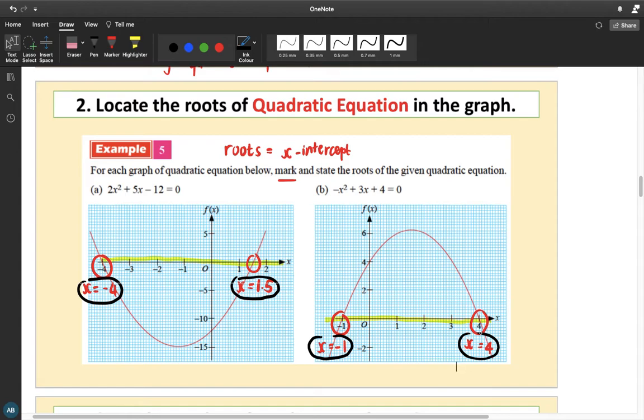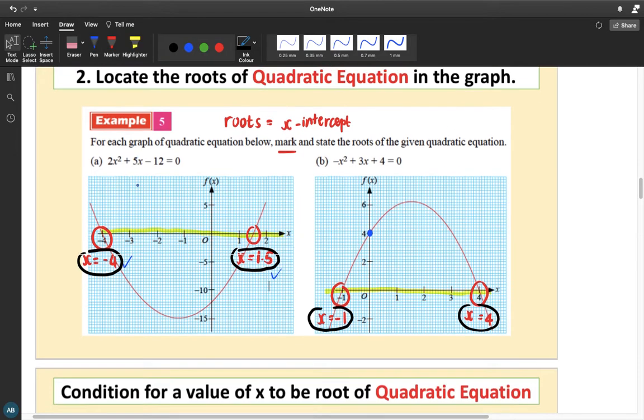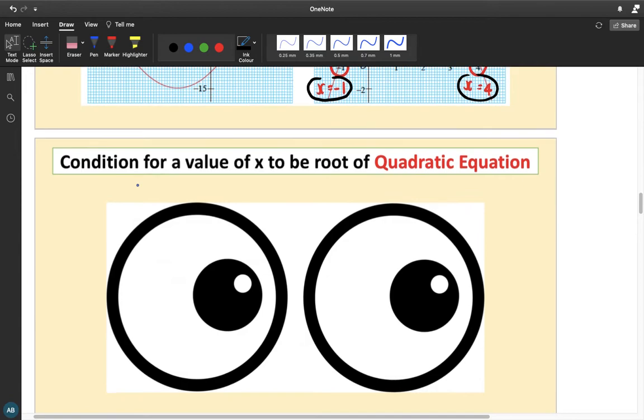So my question, is this a root? Of course not, because it does not involve the x-intercept, it only involves the y-intercept. So it's not acceptable. We just have these right here because they touch the x-axis. I hope that is clear enough for you guys, because we will learn more and more.